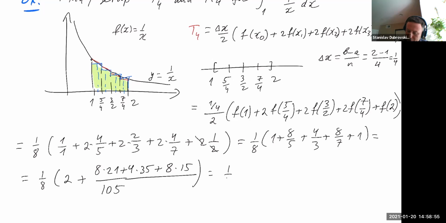So we'll get 1/8. If the common denominator is 105, then here we'll have 210 instead of 2. And here we'll have 168 plus 140 plus 120.